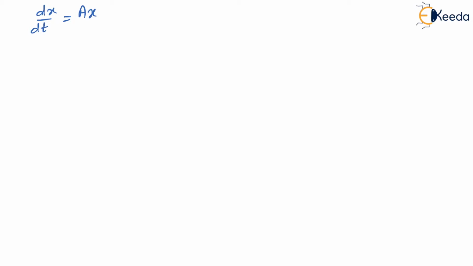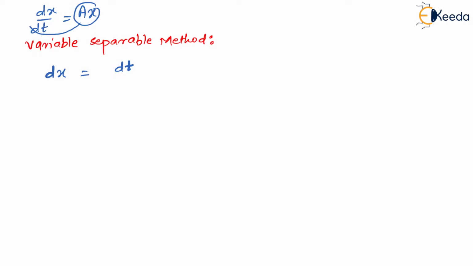In that method, we take dx on one side and dt on the other side. This x will also go to the LHS, so it becomes 1 by x into dx equal to A dt.